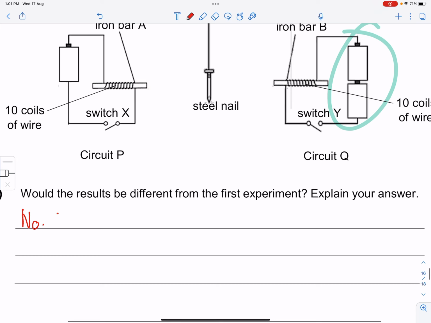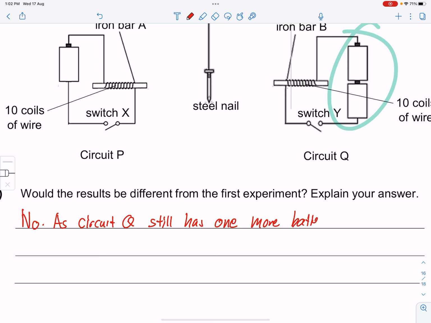As circuit Q still has one more battery, or you can just say more batteries, it doesn't matter.